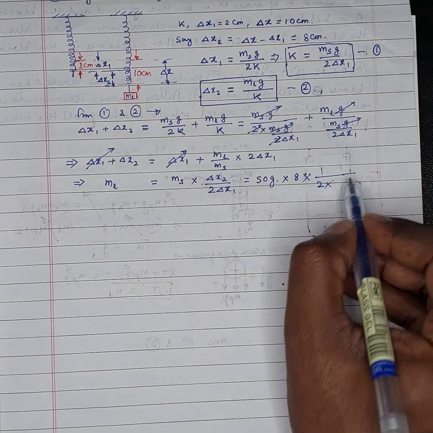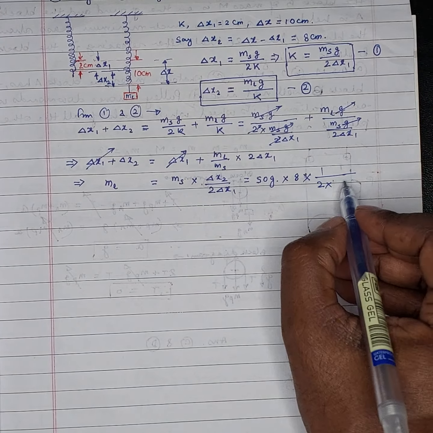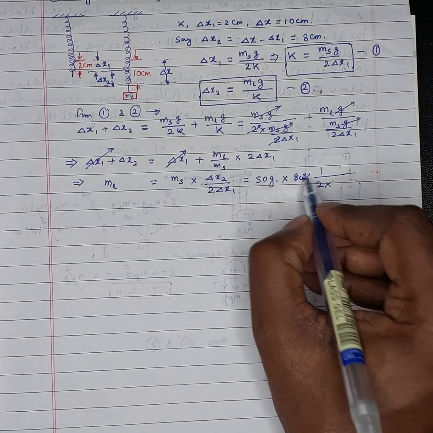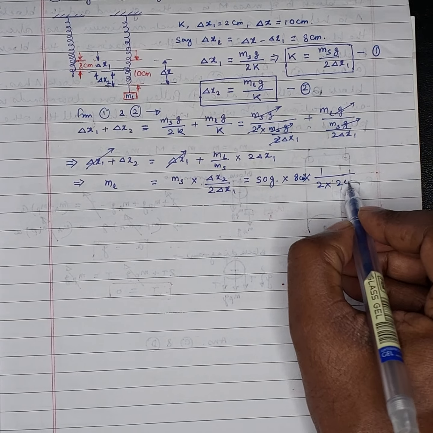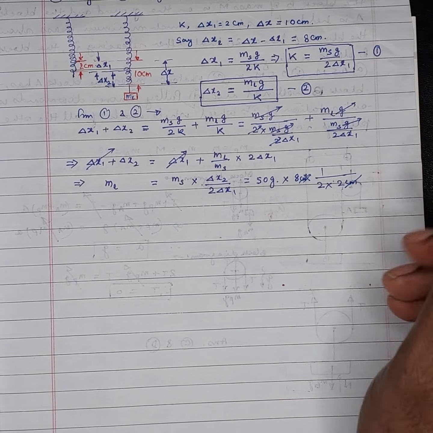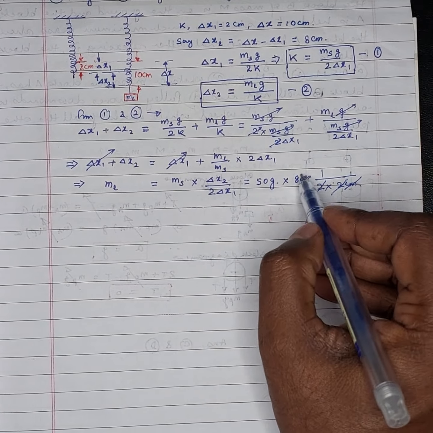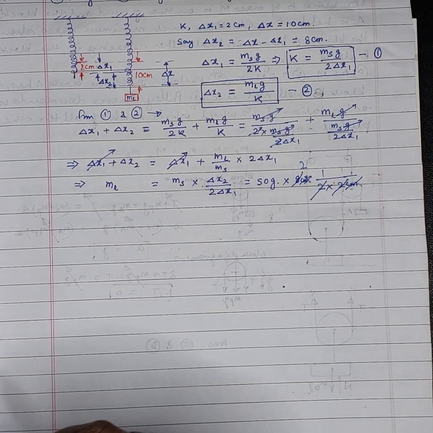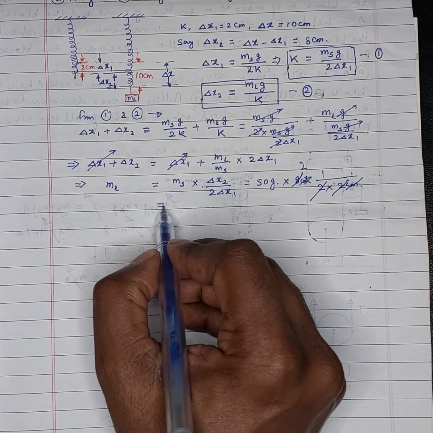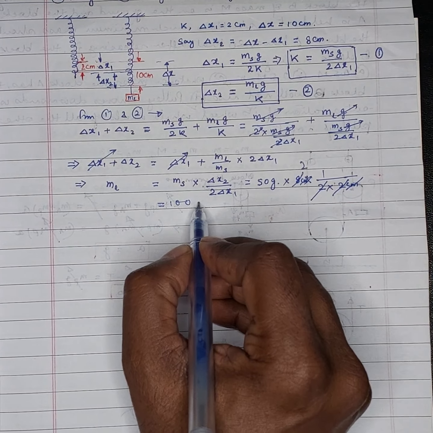Two times delta x1 is your 2 centimeter. Okay, so gram is left over. 2 2s are 4, 4 2s are 8. So m_l is 100 gram.